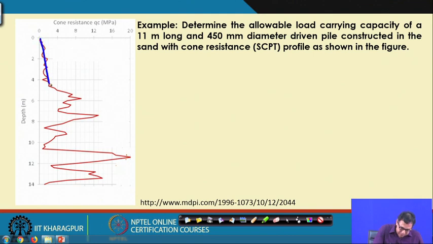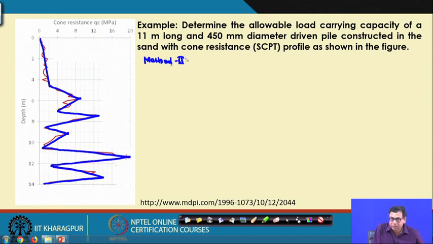I am just taking this straight line, then again this portion straight line, then this is straight line, straight line. So, method 2 is the IS code.